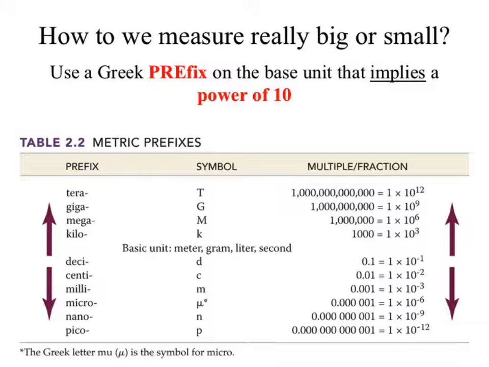So we can say a millimeter, and all we have to do is recognize that if I say a millimeter, I'm looking at the core unit of meters, but I'm operating on it with the milli meaning. What does a milli mean? It's on the board. 10 to the negative 3.